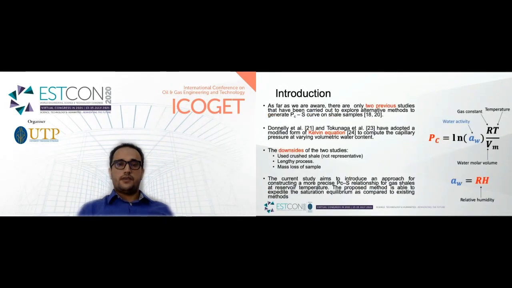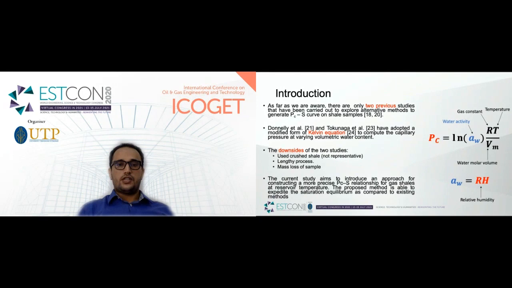In this paper, we are assessing the capillary pressure relationship using an approach that was previously attempted by only 2 previous studies, but they have drawbacks. These are the only 2 studies that, to the best of our knowledge, attempted to assess the capillary pressure relationship using a new approach, which is relative humidity. And they have 2 downsides.